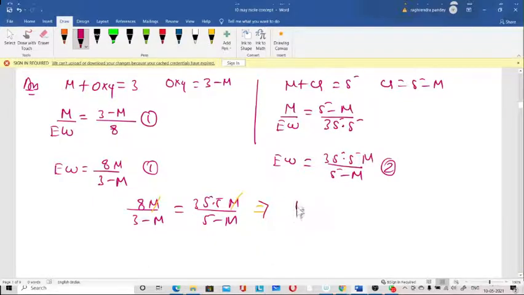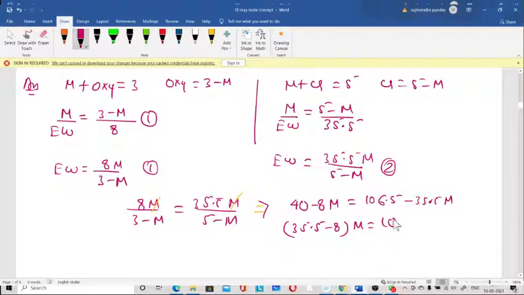So that is 40 minus 8m is equal to 3 times 35.5. 3 fives are 15, 3 fives are 15, 16, 3 threes are 9. So that is 106.5 minus 35.5. So this will become 35.5 minus 8m is equal to 106.5 minus 40.